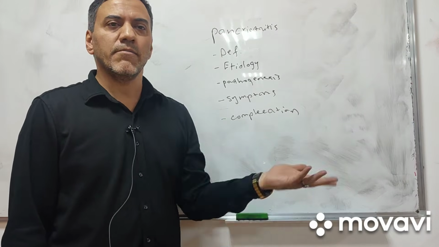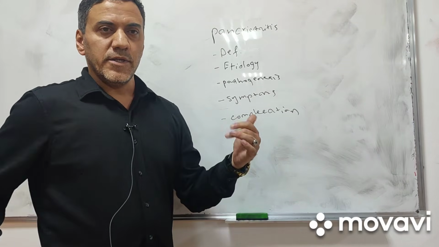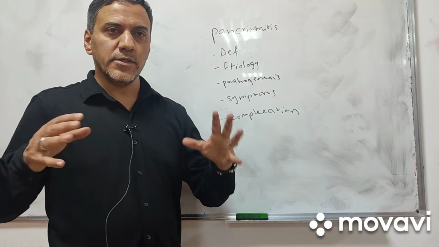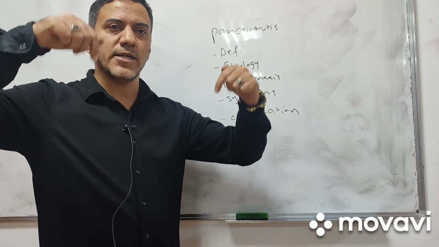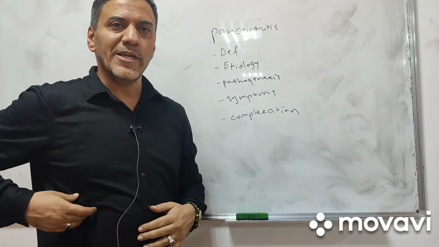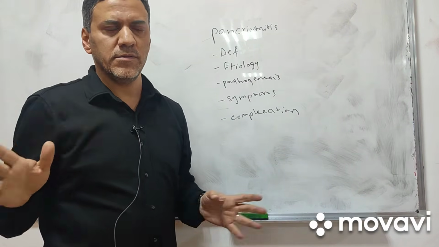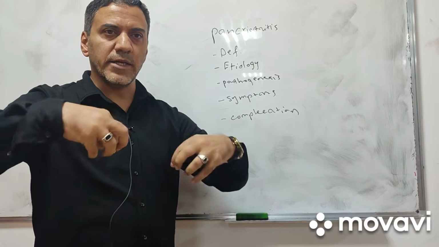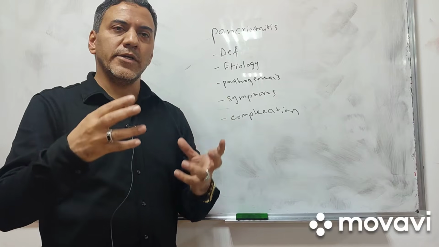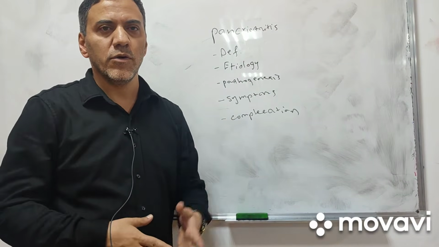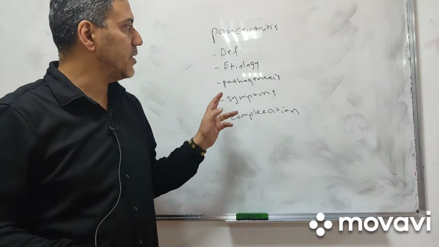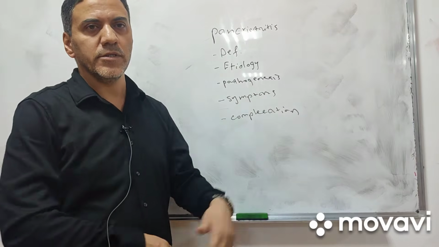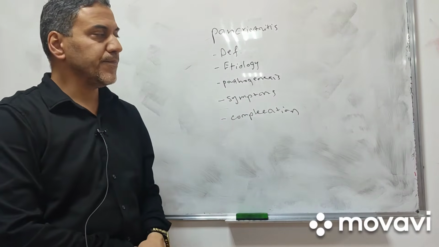But in pancreatitis, these enzymes become activated early inside the pancreas due to inhibition of inhibitors. That's why these enzymes digest the pancreas. The pancreas digests itself. Auto-digestion is the main mechanism of pathogenesis of pancreatitis.